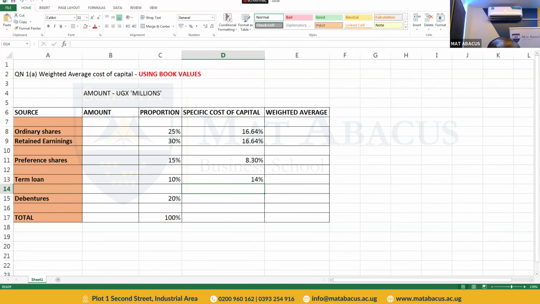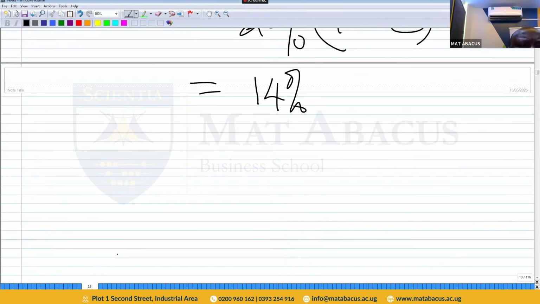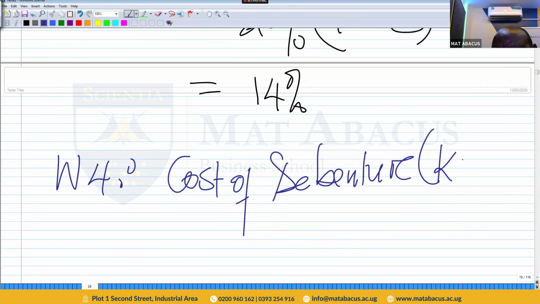We go to debentures. Carefully guide the examiner what you are doing. Working for whatever cost of debenture, in bracket KD.